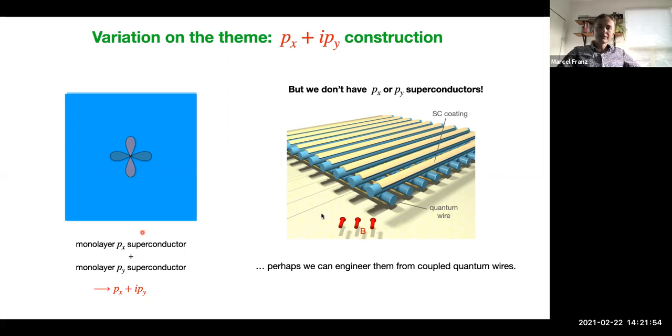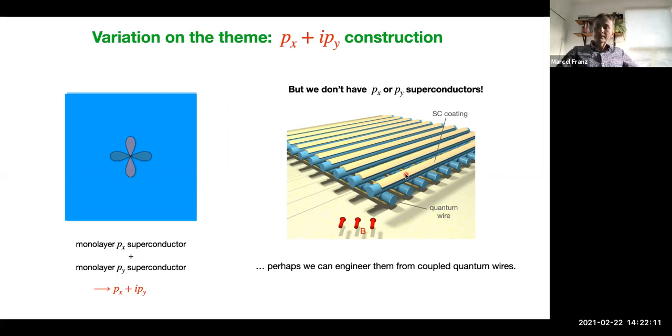What we have is these 1D quantum wires that people investigate for Majorana fermion physics. They are routinely constructed these days, and they can be assembled into various structures.